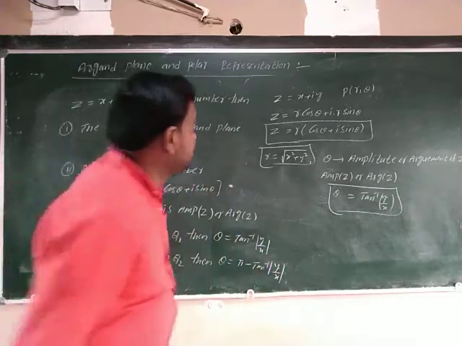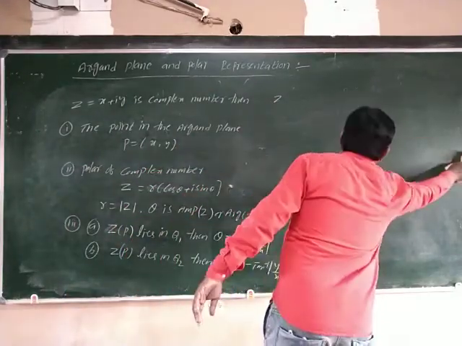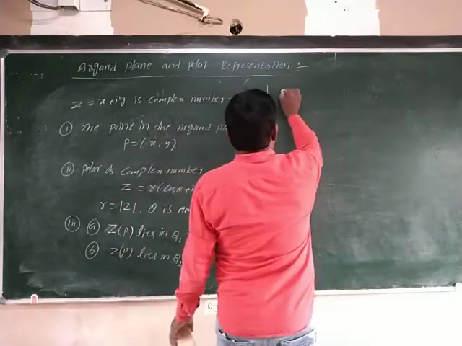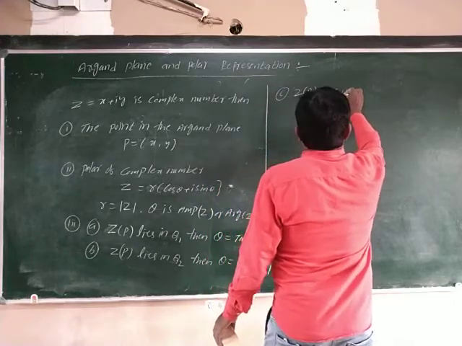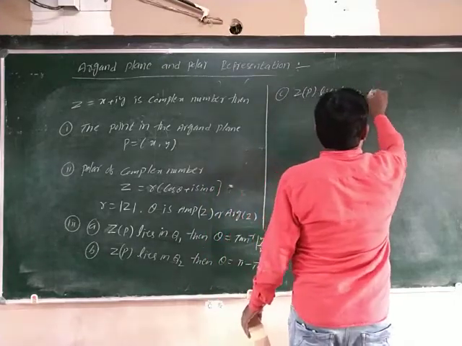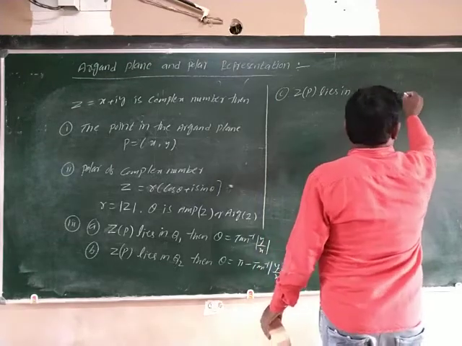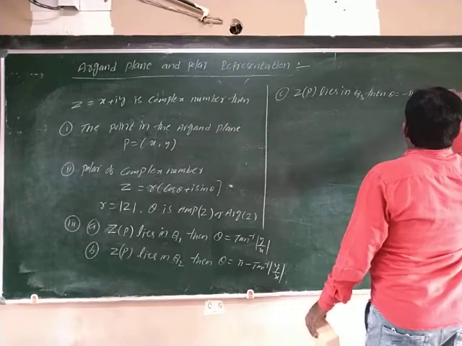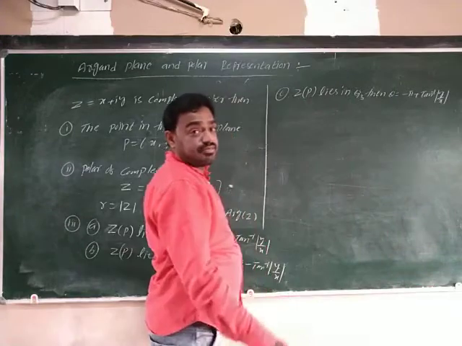If it lies in Q3, then theta = minus pi plus tan inverse of modulus of y by x.